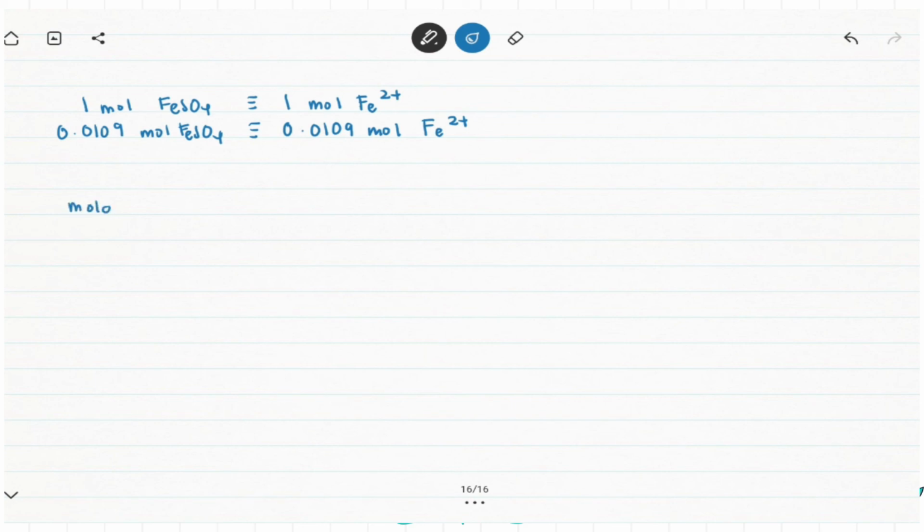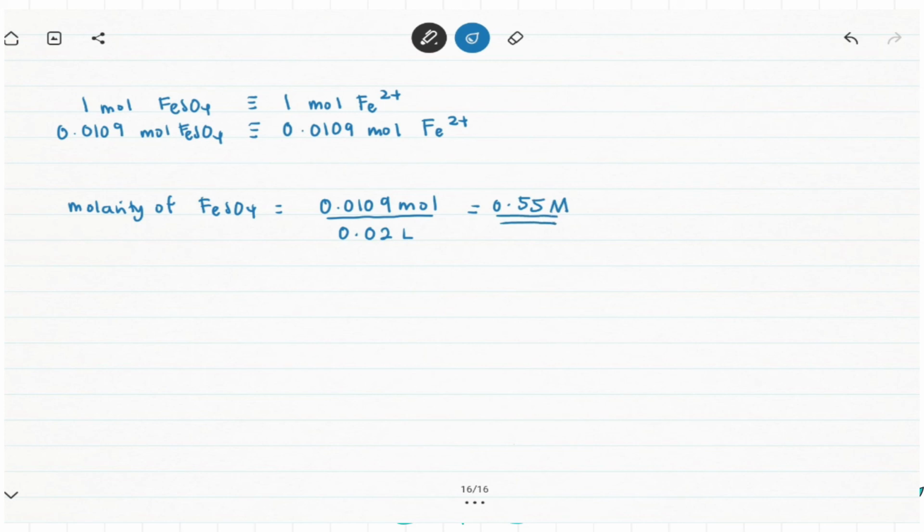Therefore, the molarity of FeSO4 is equal to mole of FeSO4, 0.0109 mole, divided by its volume, 20 ml, converted into liter, 0.02 liter, which equals 0.55 molar. So this is your final answer.